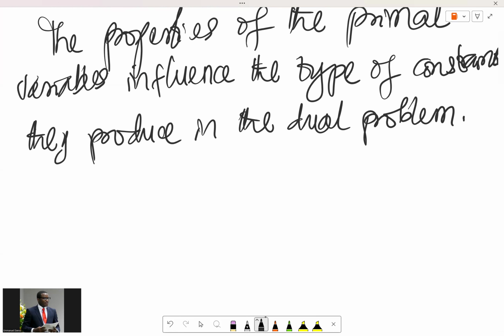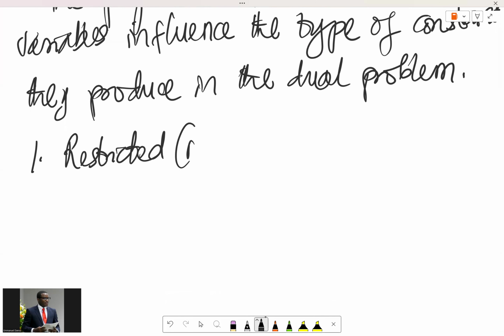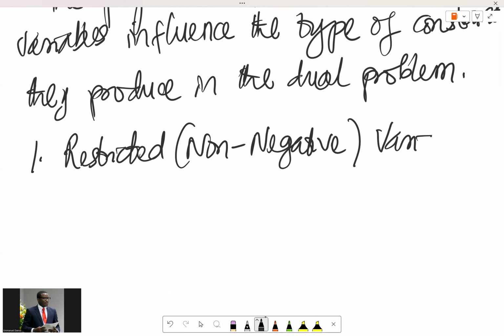Imagine what kind of constraints we can have. Number one, we can have restricted non-negative decision variables.